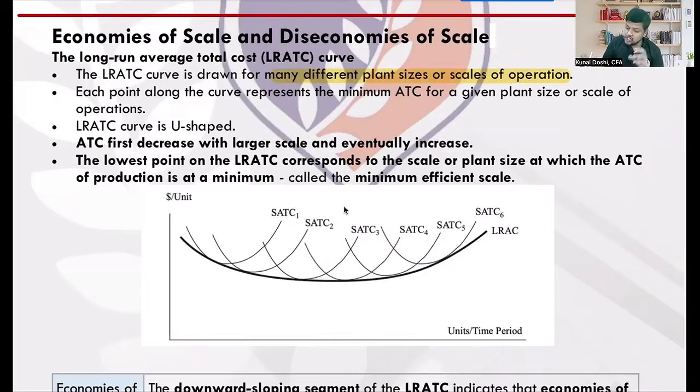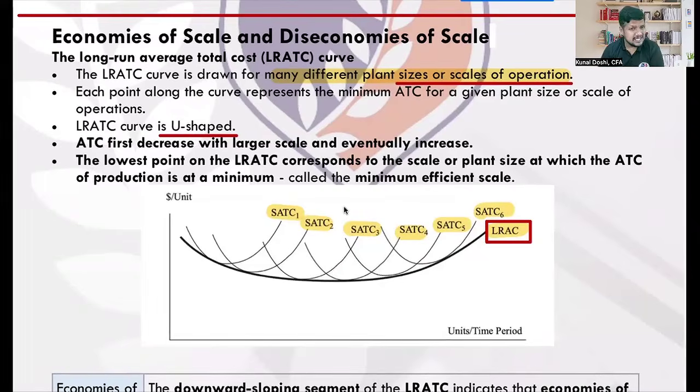Now, when I plot the short-run average total cost over the company's different plant sizes and scales of operation, different short-run ATCs, it becomes a U-shaped long-run ATC curve. Different short-run ATC curves, plotted over the different sizes of the companies and different quantity of production, give us the long-run ATC curve, or long-run average cost curve.